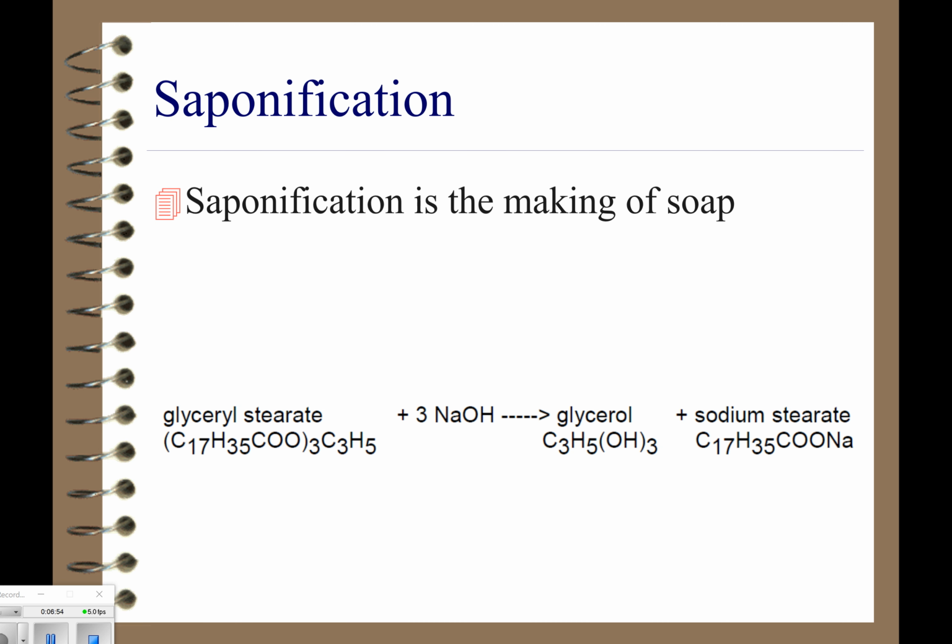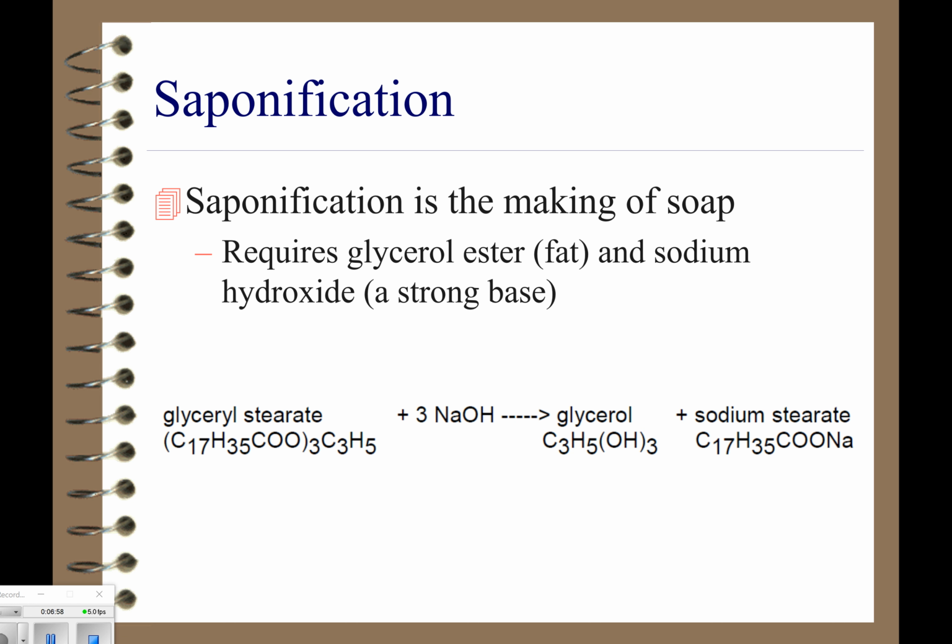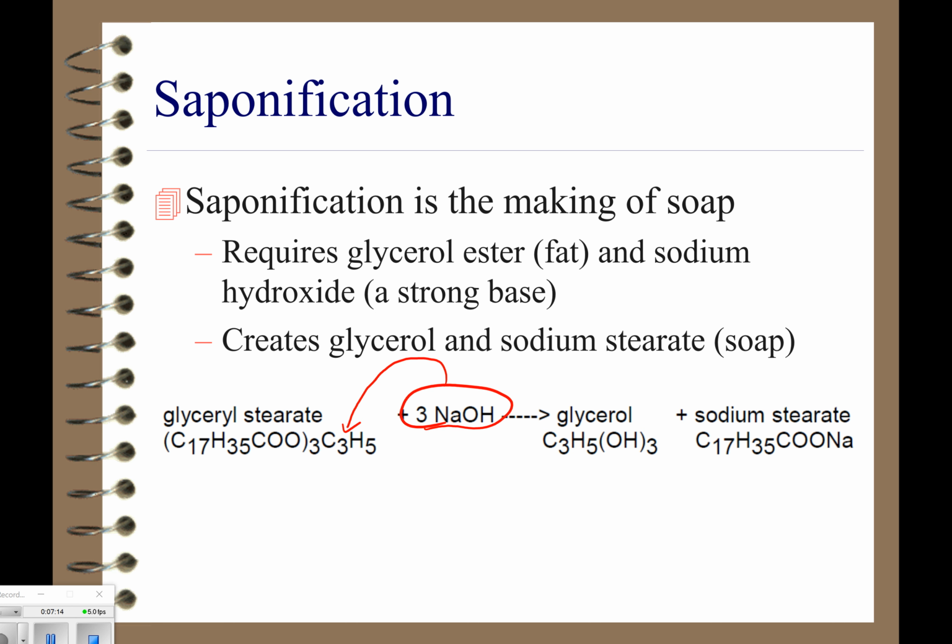Saponification. Saponification, as it sounds, is the making of soap. It requires a glycerol ester, which is a fat, and sodium hydroxide. And the base is going to work to help remove this hydrocarbon chain off of the end of the glycerol stearate.